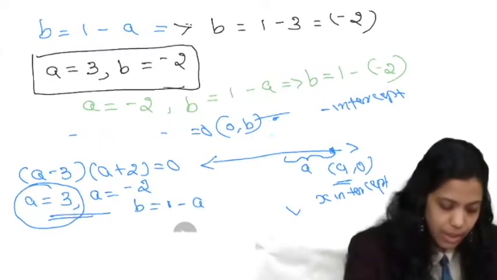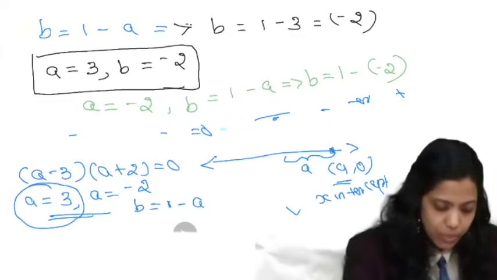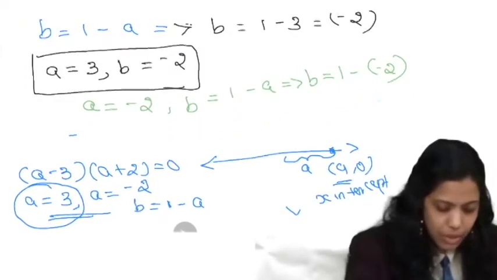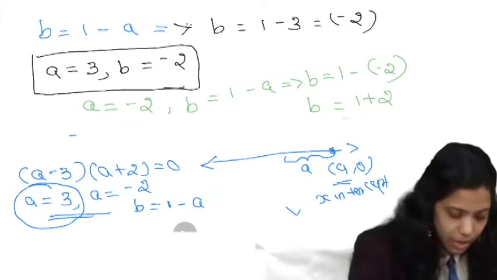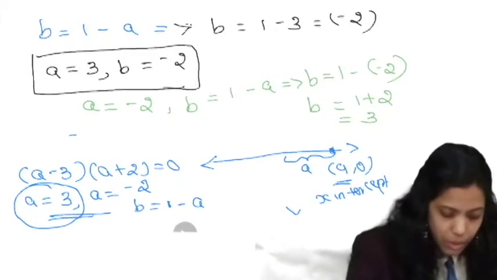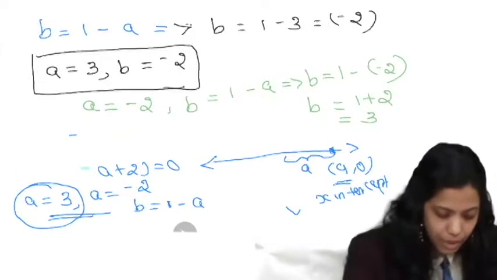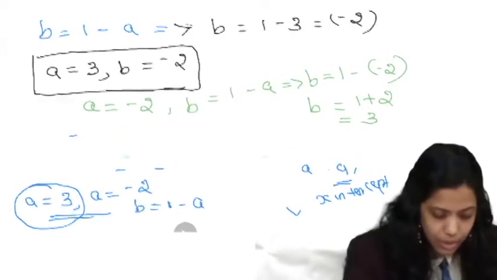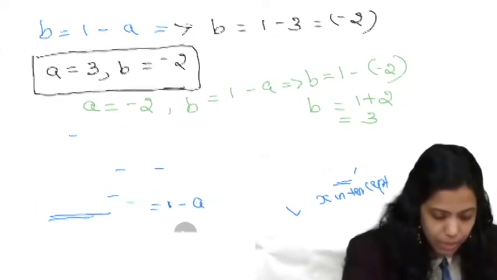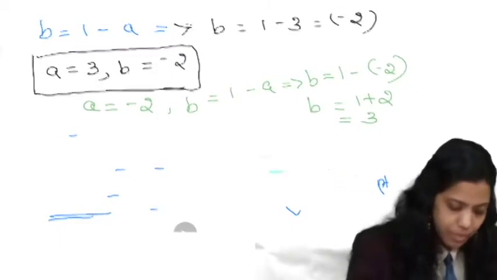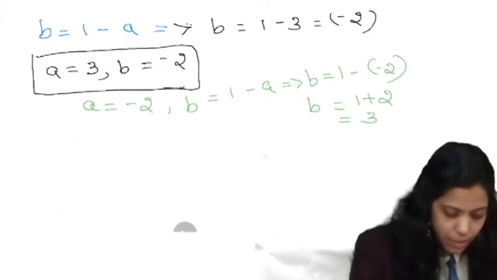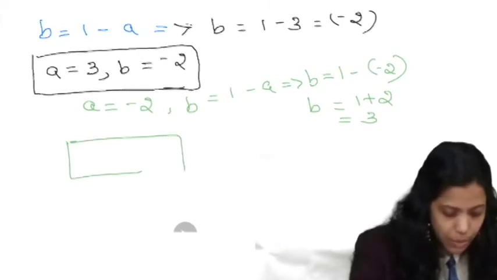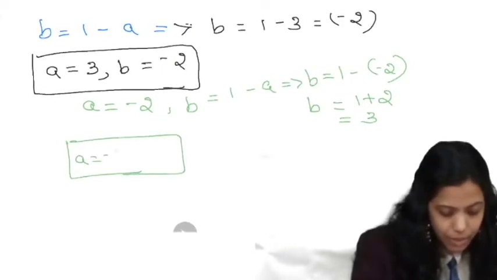So a equals negative 2 gets you b equals 3. So the second set of values is a equals negative 2 and b equals 3.